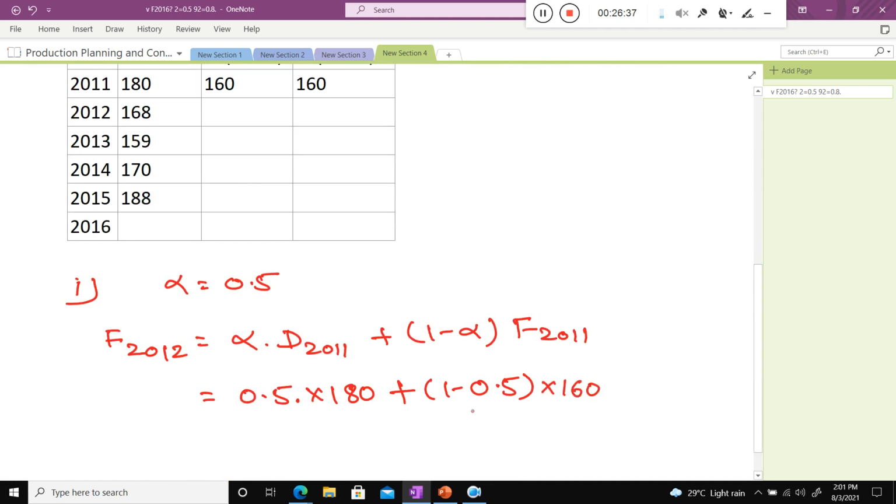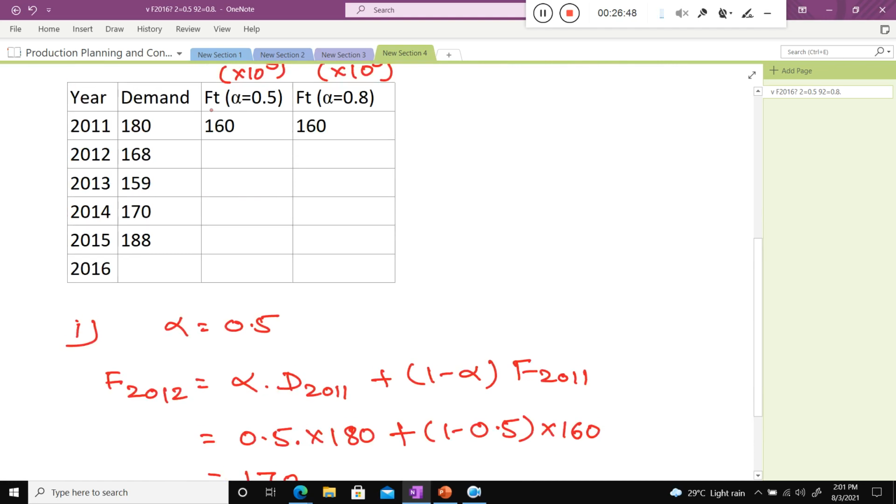Can you quickly calculate what the forecasting will be? 170. Very good. So I write down here that Ft with alpha 0.5 is equal to 170.